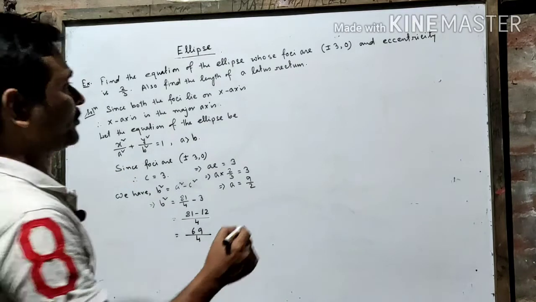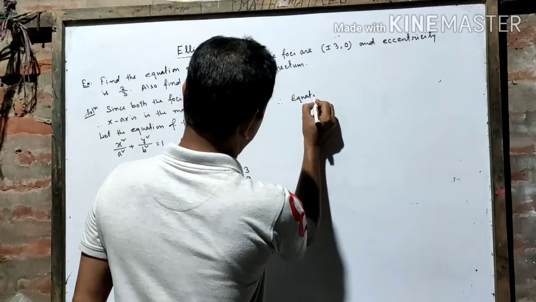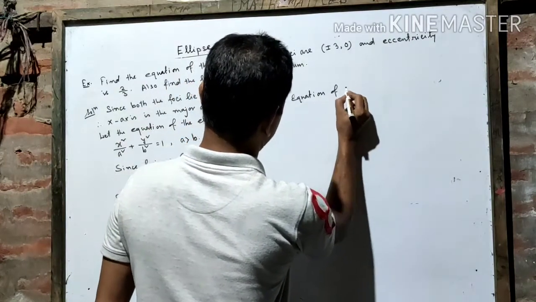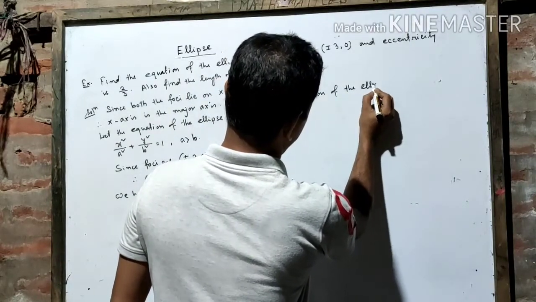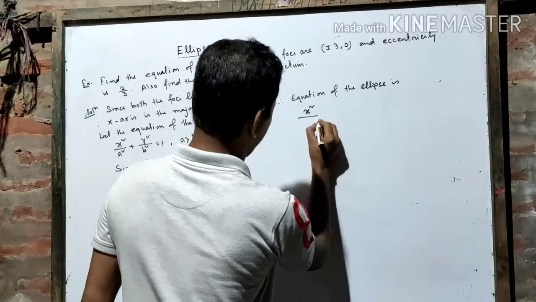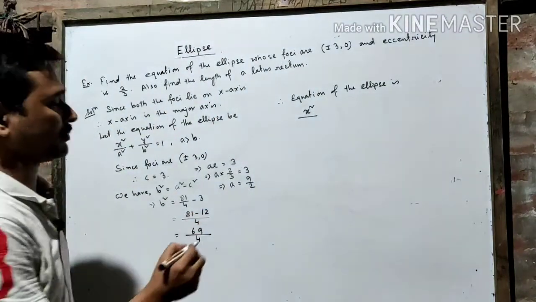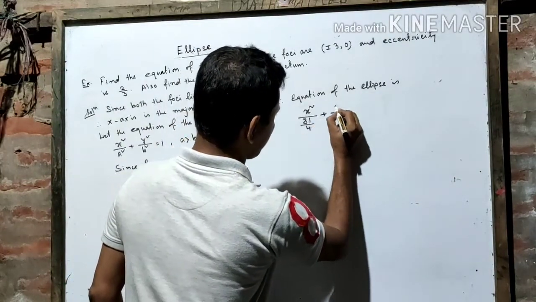Therefore, the equation of the ellipse is x square by a square. What is a square? 81 by 4, plus y square by b square.